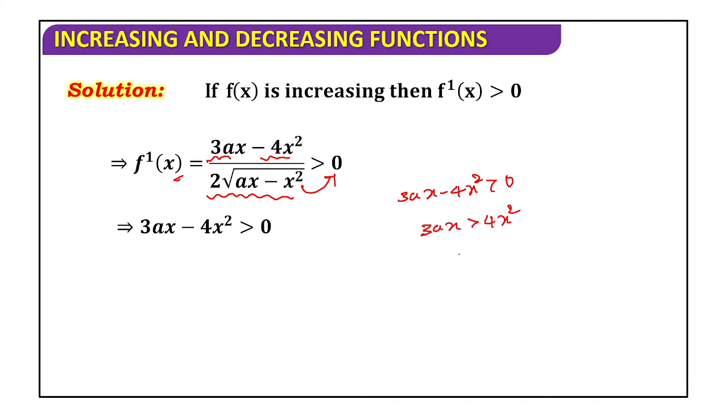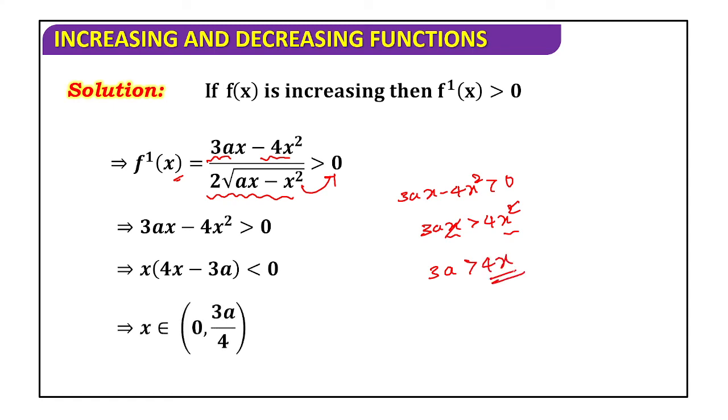So from this, taking x as common, you can cancel x also, no problem. That is 3a is going to be greater than or equal to 4x. So 3a divided by 4 greater than x. That means x is lesser than 3a by 4, so f dash of x must be greater than 0, and x belongs to 0 comma 3a by 4.